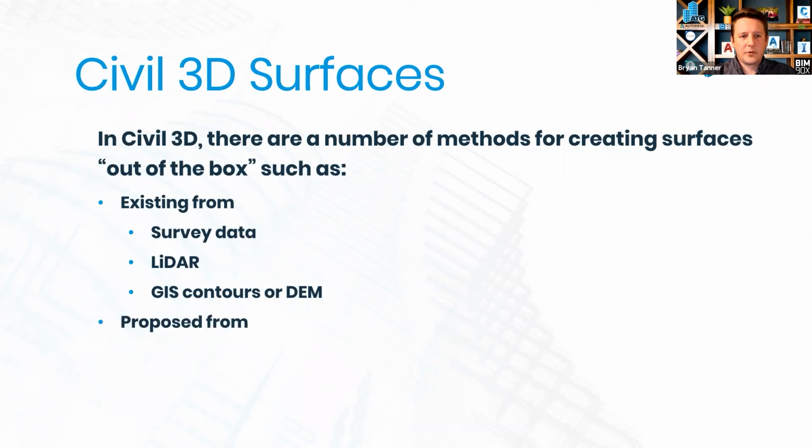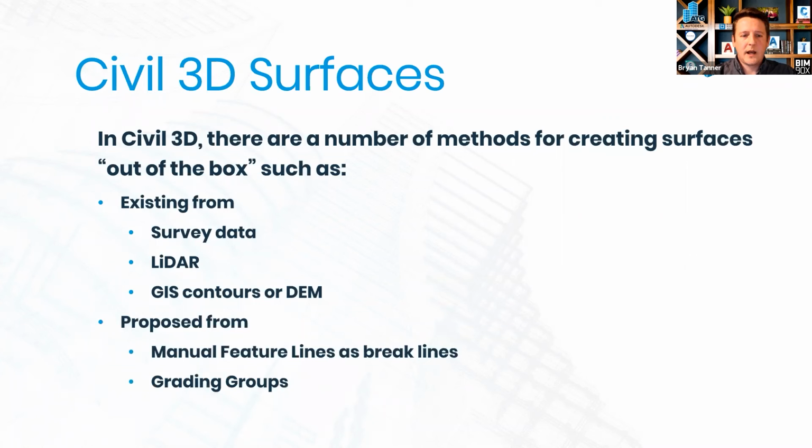We can also produce proposed surfaces from manual feature lines as break lines, grading groups, and corridor data. It's important to note that grading groups are really just a framework of feature lines. And our corridor data is a framework of feature lines linearly, more or less parallel to our alignment and profile.